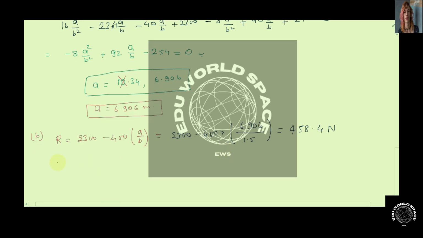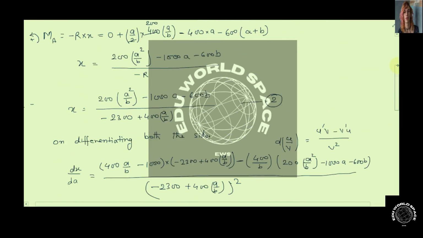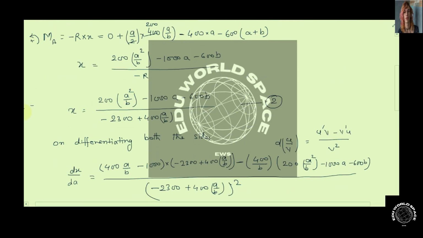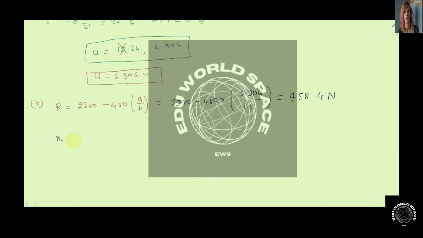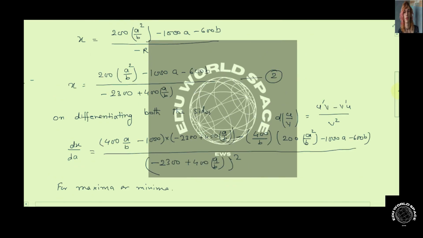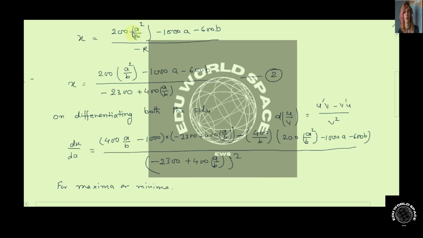Now for the calculation of the distance from the point A, we can use the second relation that we have obtained here, the value of x in terms of A and B. We have got the value of A, and B is already given, so we can calculate the value of x. By using the second relation, x is equal to, we can use this entire relation.